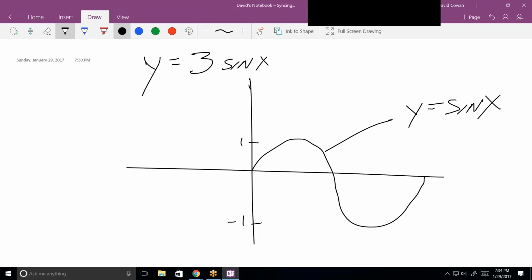Stretch. Okay. Now what that means, if I think of this algebraically, it means that if I had a point that was right there on my original curve, it's got to be 3 times further away from the x-axis. So it's got to be up there. And the effect of that is a vertical amplification on both ends.